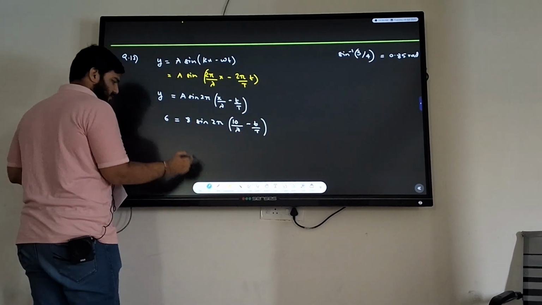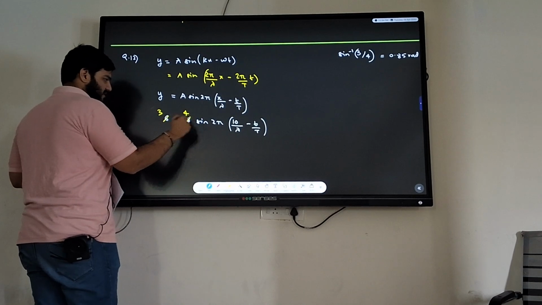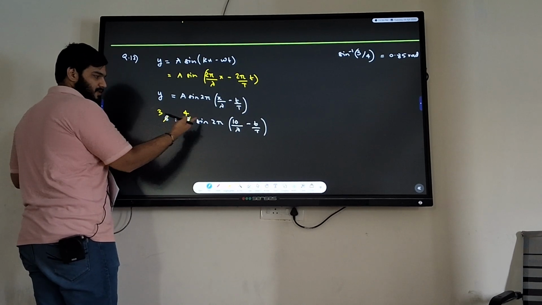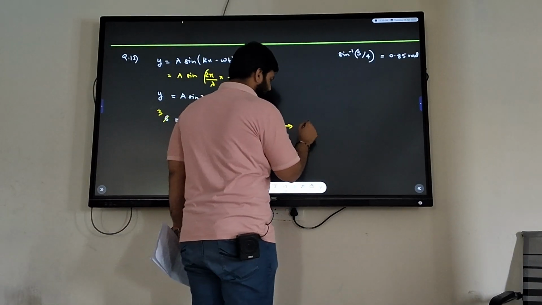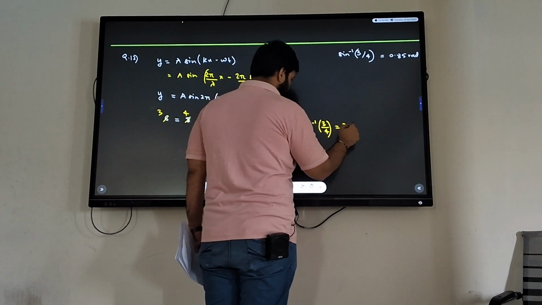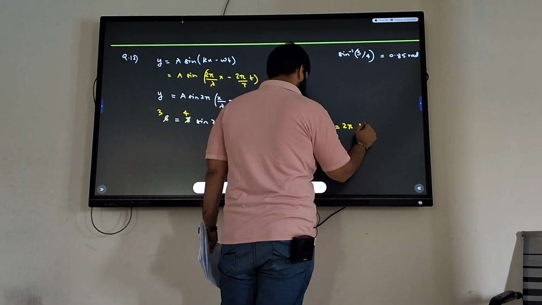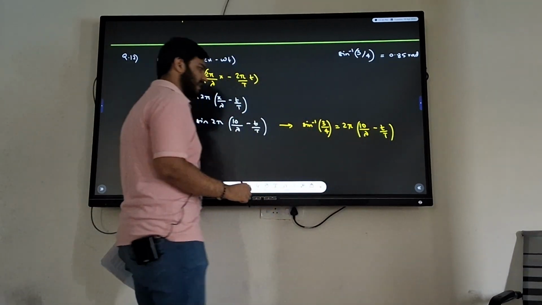So I think I can do some simplification. 2 3s are 2 4s are. This becomes 3 by 4 and that sine becomes sine inverse. And then what do you get? Sine inverse of 3 by 4 is equal to 2 pi, 10 by lambda minus small t by capital T. This is one equation.